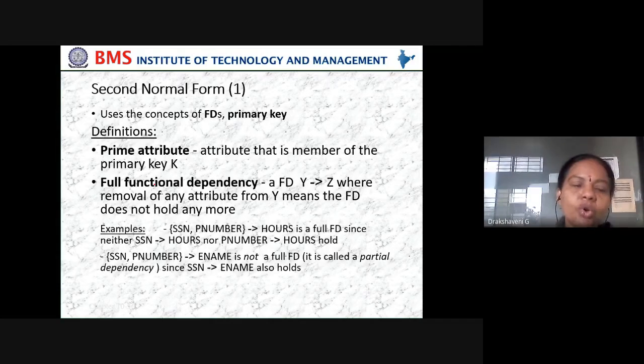So then these two are called prime attributes. Now you have your subjects 31, 32, 33. Those are called non-prime attributes. And they say, fully functionally dependent. When you have a prime attribute, the rest of the values should be completely or fully dependent on the prime attribute. That is what is called the second normal form.